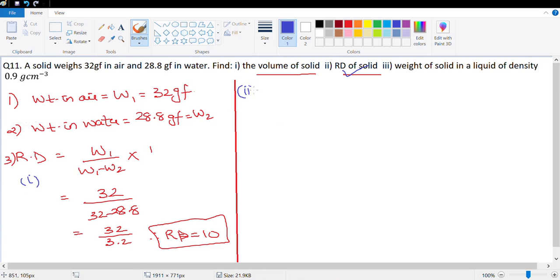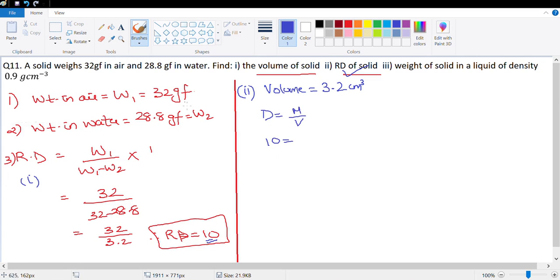So volume of the solid would be equal to 3.2 centimeter cube. Why is that? Let's calculate the density. So density would be mass upon volume. Density we've just calculated as 10.